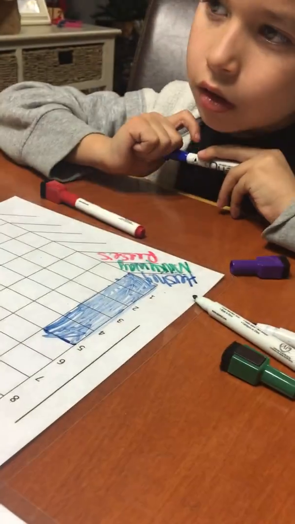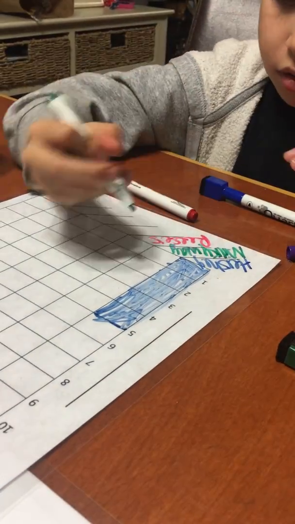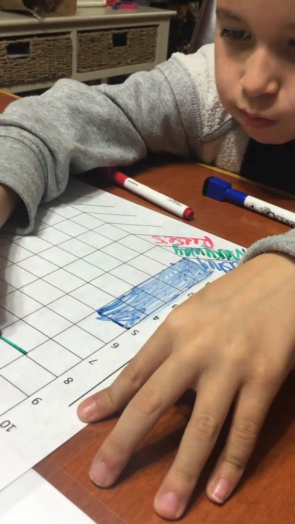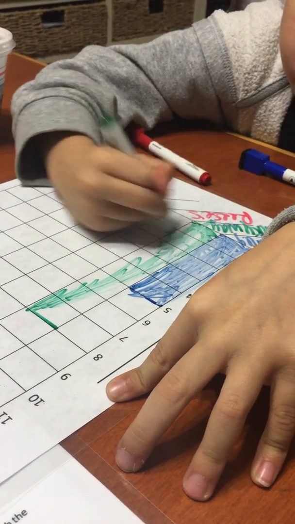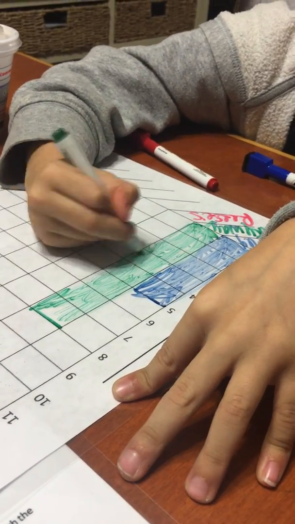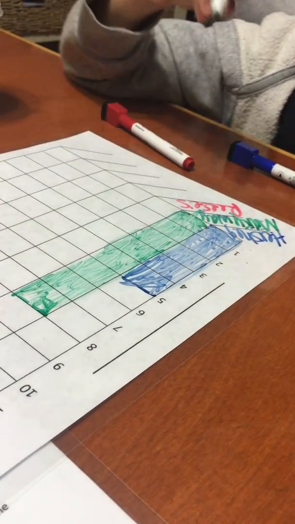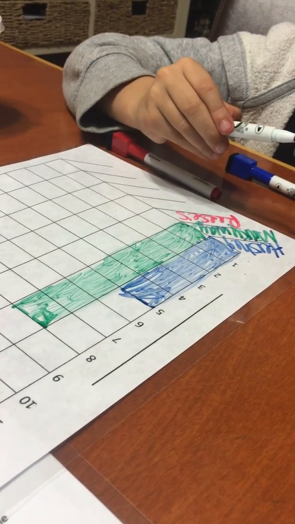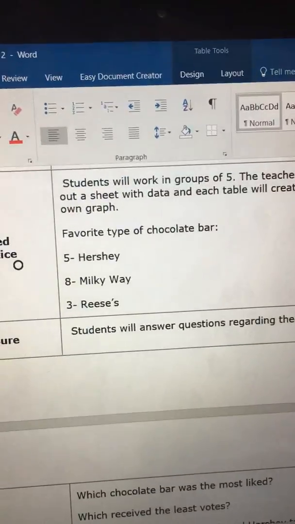And 8 Milky Way. And 3 Reese's. Yeah, 3 Reese's.